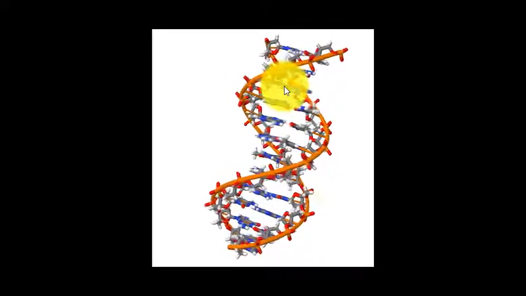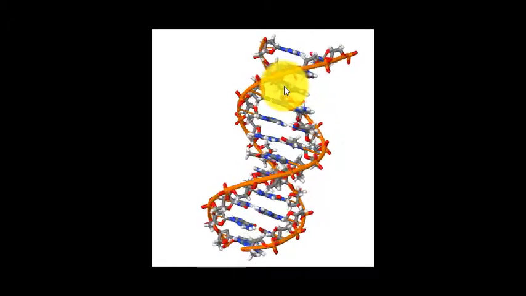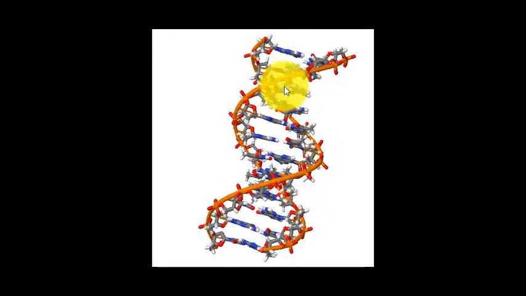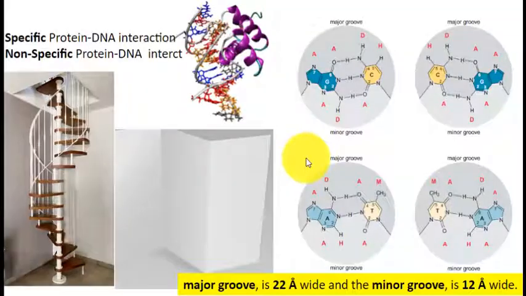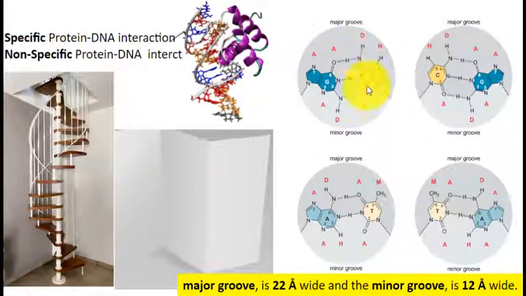You need to understand the structure of DNA really well to understand the major and minor groove. After you have seen the 3D structure of DNA in the animation, now you can correlate it with this. This is the structure when you see DNA in cross section, from top or bottom.